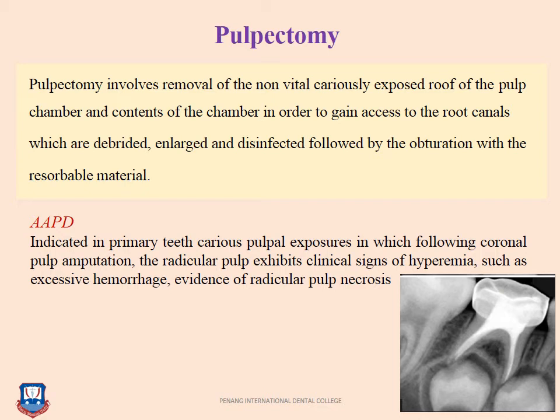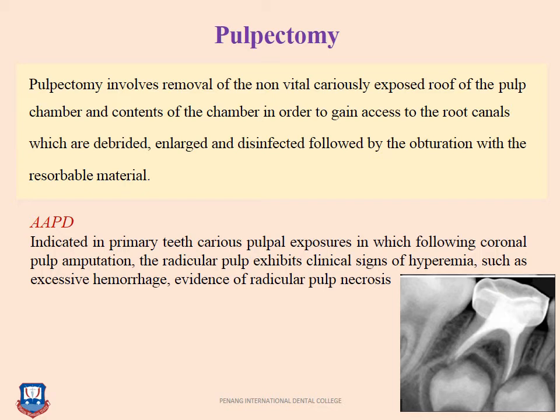So pulpectomy involves removal of non-vital cariously exposed roof of the pulp chamber and the contents of the chamber in order to gain access to the root canals, which are debrided, enlarged and disinfected, followed by obturation with a resorbable material.